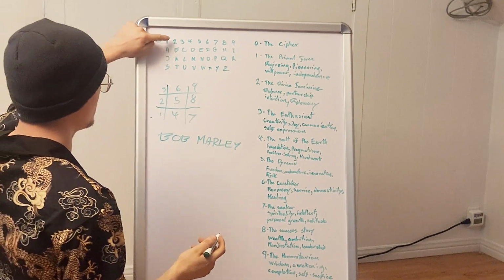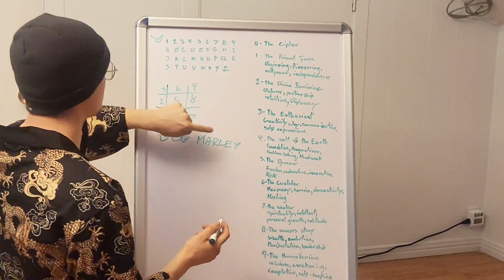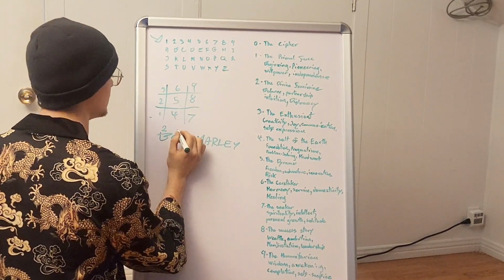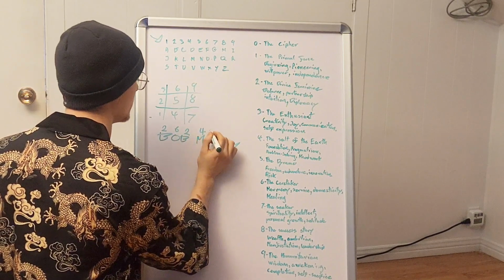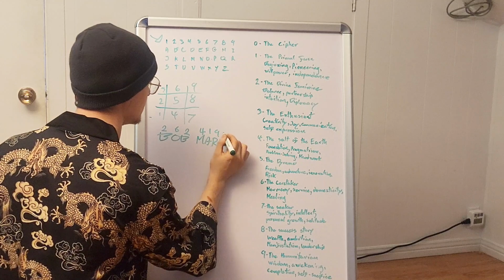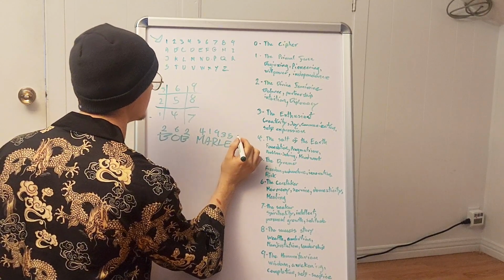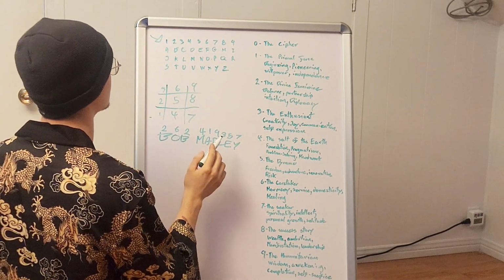You go through each letter and you write down the numbers of those letters. So let's say this is a 2, this is a 6, this is a 2, this is a 4, 1, 9, 3, 5, and 7. If I'm right.